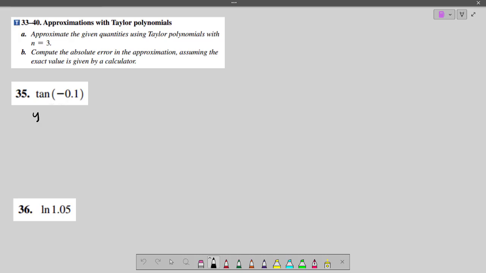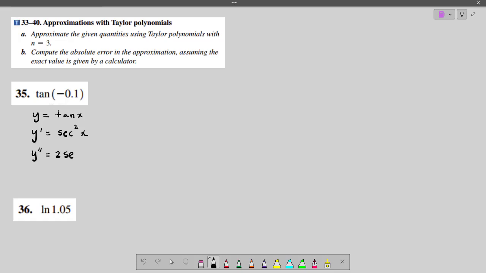So if we start with the function that we have here, y equals tangent of x, we need to get down to the third derivative. And we just sort of do it like we're working with a spreadsheet. So the derivative of tangent is secant squared. The second derivative will be the derivative of secant squared, so we have to use a chain rule.